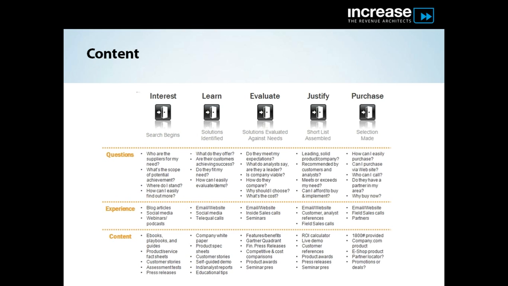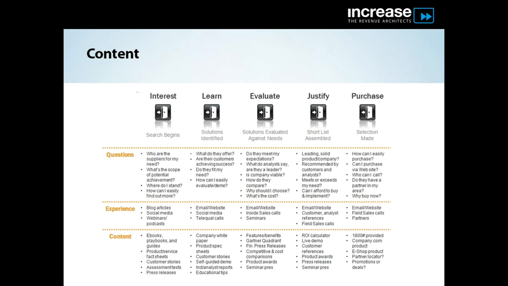And then, of course, we have to look into our pool of content to see where the gaps are. Typically, people have a lot of content for the evaluation and justification phase, because at that point they're allowed to talk about their own products.